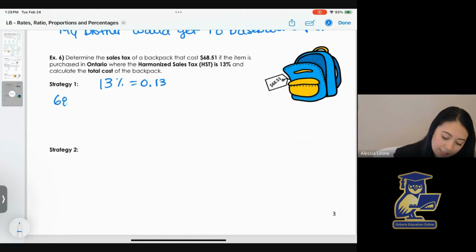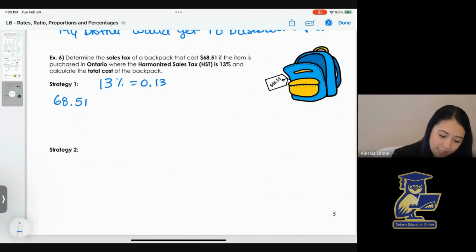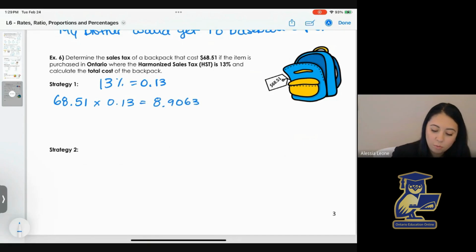So we have 68.51 times 0.13. And our answer is 8.9063. So we will round our cents. Let's call it 8.91. That is our tax amount.